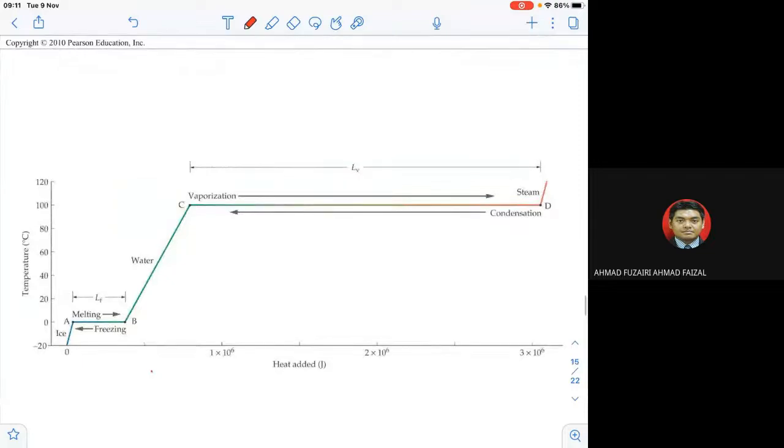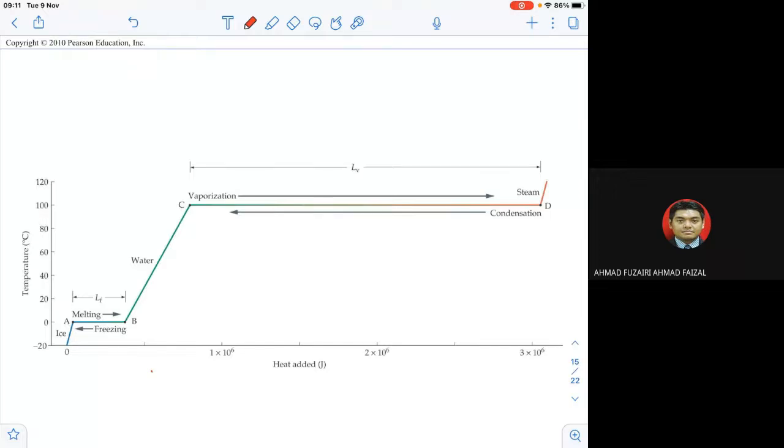These are some graphs of temperature against heat. We can see the increase in temperature that also involves heat added.